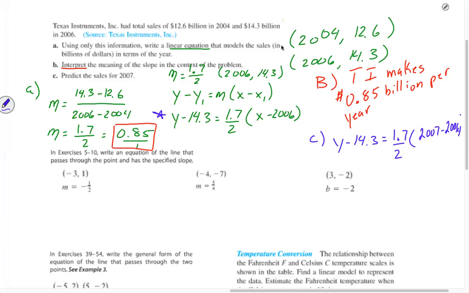And I'm going to solve for y. So I have y minus 14.3 equals 0.85 times 1. Add 14.3 to both sides. And that tells me in 2007, if I'm Texas Instrument, I can expect to sell, let's see, 15.15 billion dollars worth of calculators.